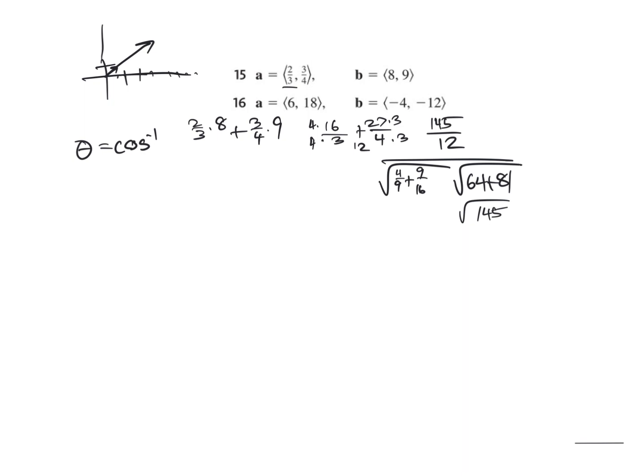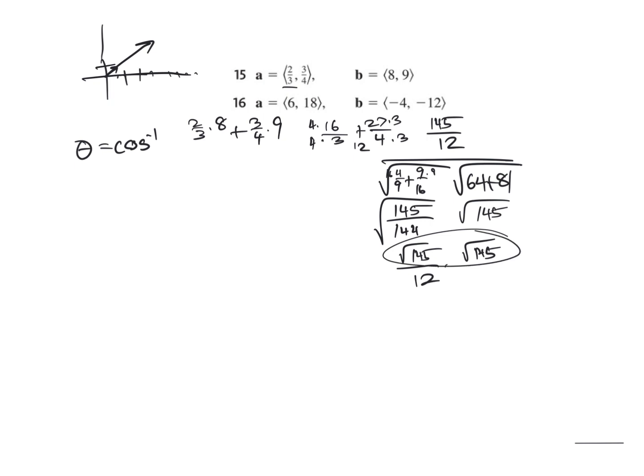So 9 and 16, 16 goes into 32, goes into 48, 64. Let's just take 9 times the other side and 16 times this side. So 16 times 4 is 64, and 9 times 9 is 81. So there's your 145 all over 9 times 16 is 144, which should be the square root of 145 all over 12 times the square root of 145.